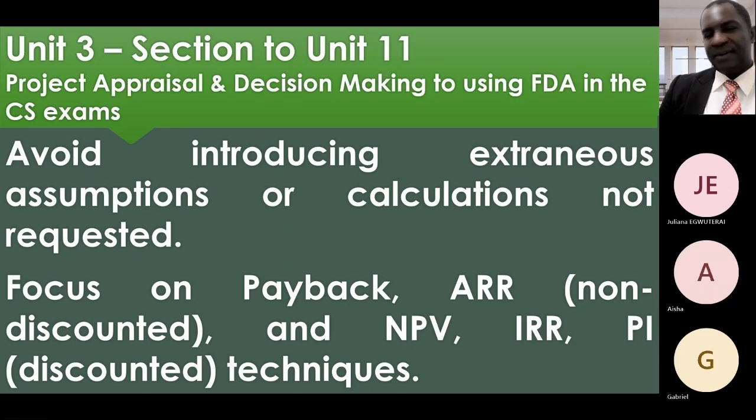So focus on payback period, the amount of time to recoup your money. Accounting rate of return is almost the same as return on capital employed because you don't discount. Net present value has a discounting factor. The IRR uses the interpolation method, where you have a low discount rate and a higher discount rate. Also profitability index, discounted techniques to check.